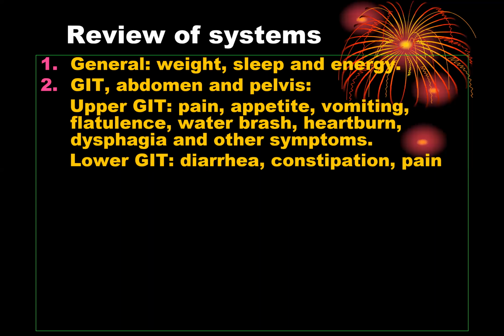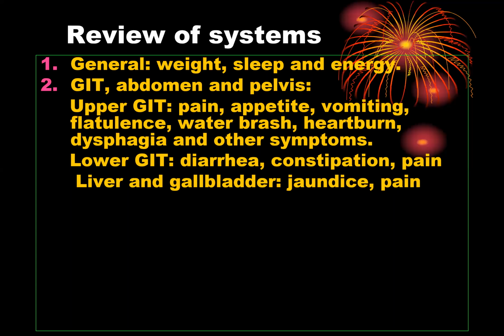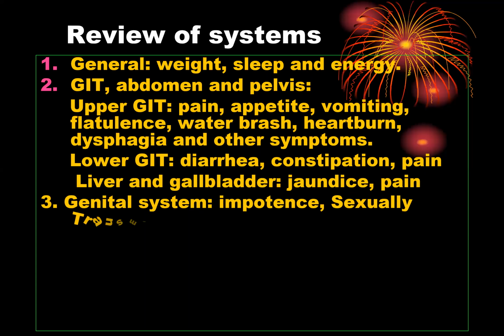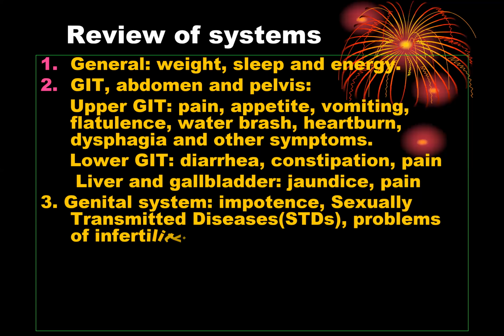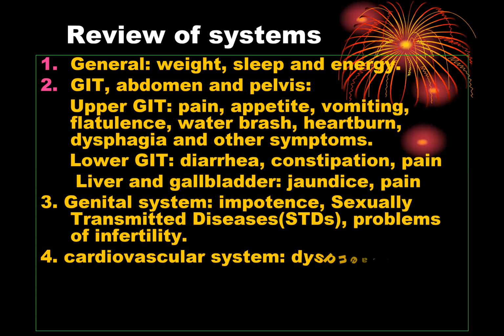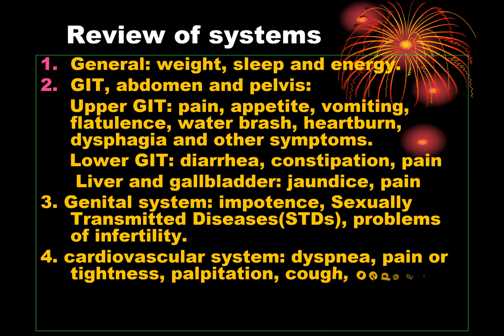Lower GIT, we have to ask about whether there is diarrhea, constipation, pain; liver and gallbladder, jaundice, pain. Genital system, there is impotence, sexually transmitted disease, problems of infertility. Cardiovascular system, we have to ask about dyspnea, pain or tightness, palpitation, cough, edema, and other symptoms.